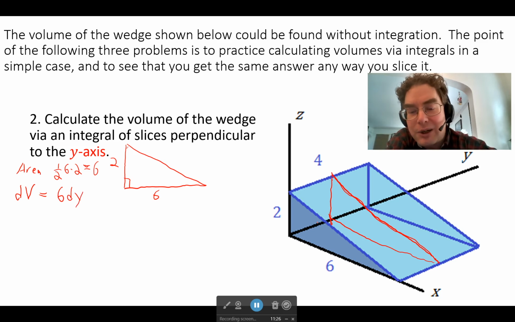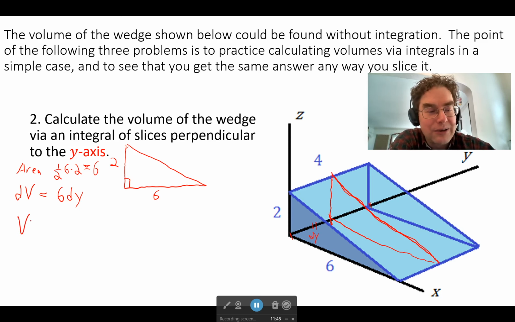We're carving up our y interval here with small subintervals of length dy. Then we just need to add up the volumes of all those slabs. Here along the y-axis, we go from 0 to 4. That's the extent of our solid in that dimension. And so the volume overall is just going to be the integral from 0 to 4 of 6 dy.